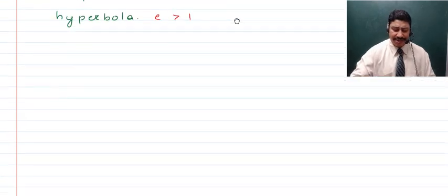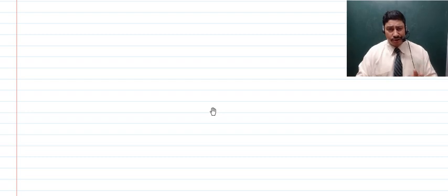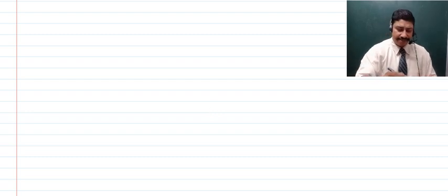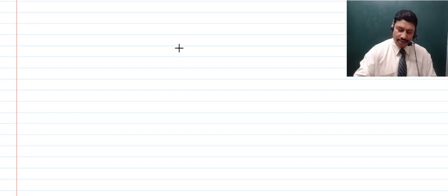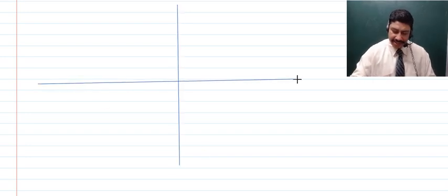Now let's quickly look at how these conics actually look when they are traced. So let's say now that we have our x-axis and a y-axis. Say this be the y-axis, and let's say now that this be the x-axis.